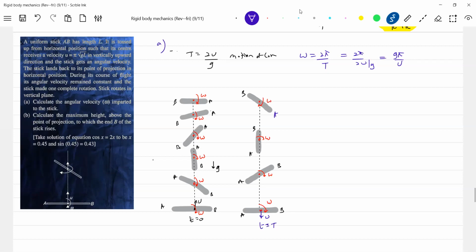Five point he has given, where L is the length of the stick. 5.5 L approx. Okay, he has given exact decimal places also. Maybe it is some integer somewhere.